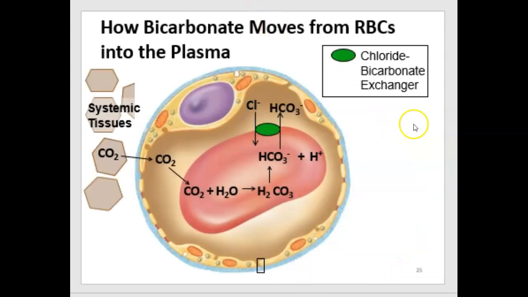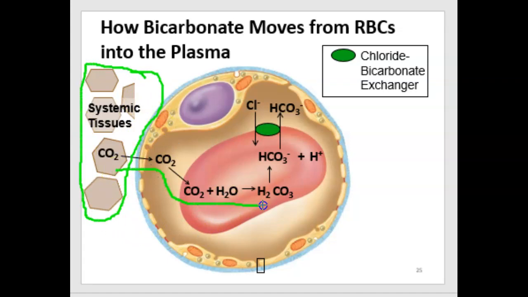And this shows you how bicarbonate moves from red blood cells into the plasma. So let's start with the systemic tissues, because that's where we have a whole bunch of CO2 that has been formed. It diffuses into the blood, and in the red blood cell we get the formation of this bicarbonate ion. And it turns out that there is a membrane protein in the red blood cell's membrane called a chloride bicarbonate exchanger.